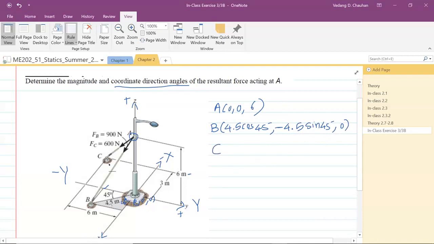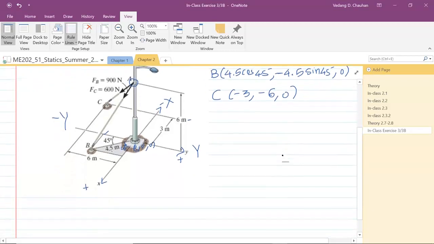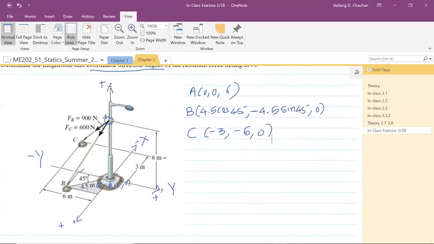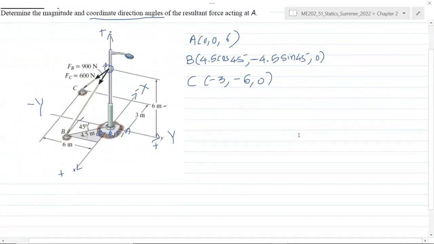Point C, which is here, is 3 units along negative x, so it's minus 3. It's 6 meters along negative y, so it's minus 6, and it's 0 along z. So step one, we write down the coordinates of all points A, B, and C.